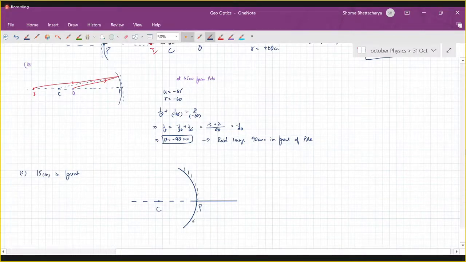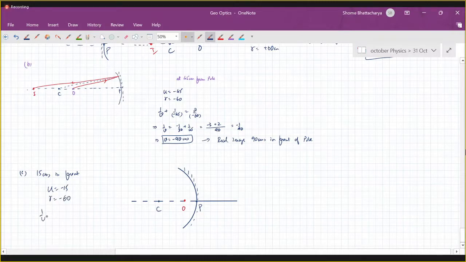Now in this, what we'll see is that the object is placed somewhere like this, because it's less than half the radius of curvature. So we will put U as minus 15, R as minus 60.